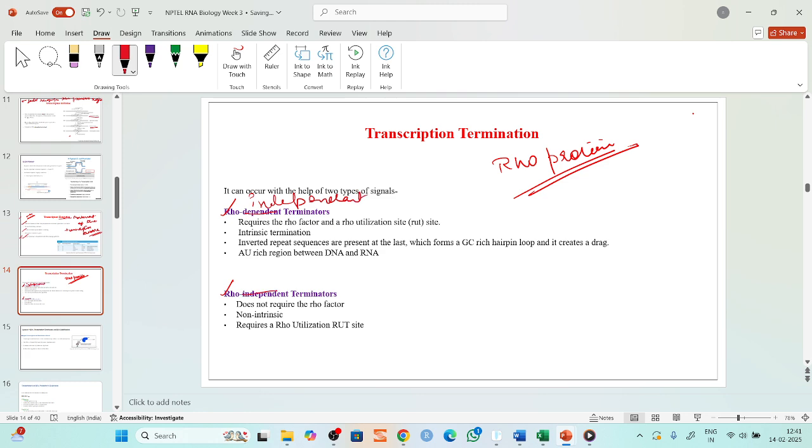And this is rho dependent, and just remove this line. Okay, I'll explain you.